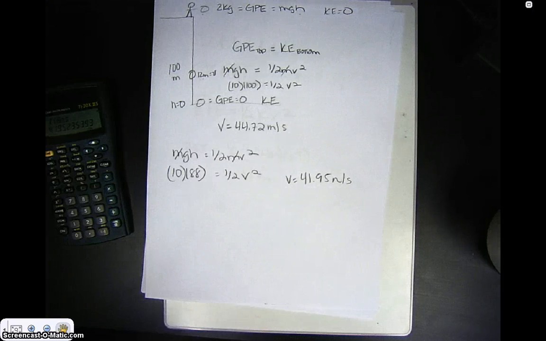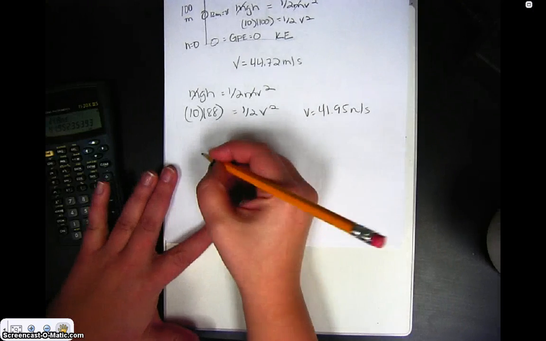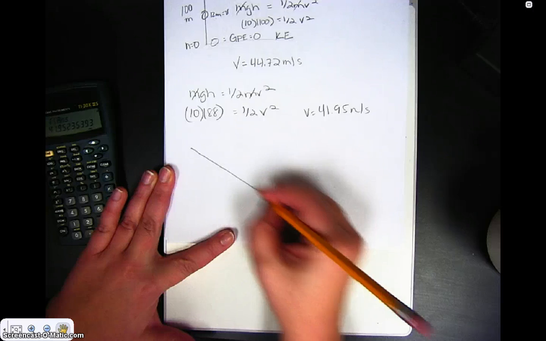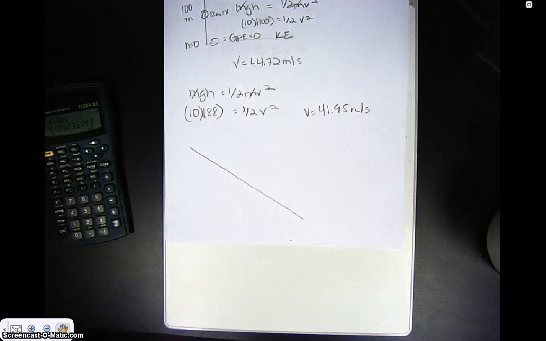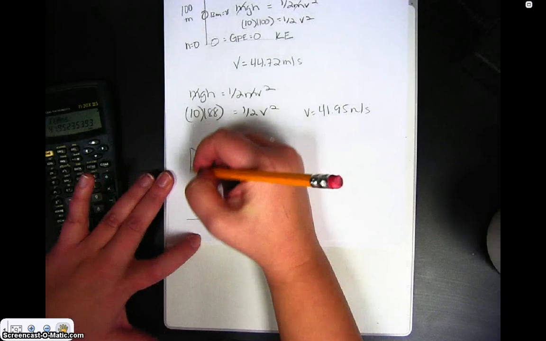Now let me show you one more type of problem, and this is where something's sliding down a hill. So let's say we have a frictionless plane. Now it's important that it's frictionless because I just said we were going to ignore the ideas of heat loss and friction so that we can conserve mechanical energy.